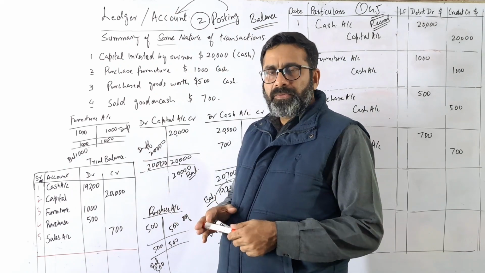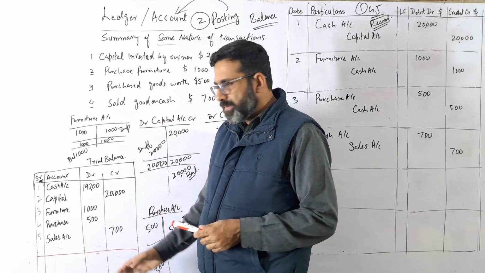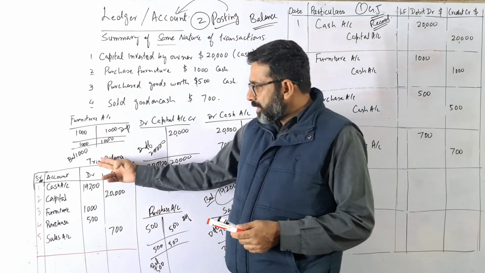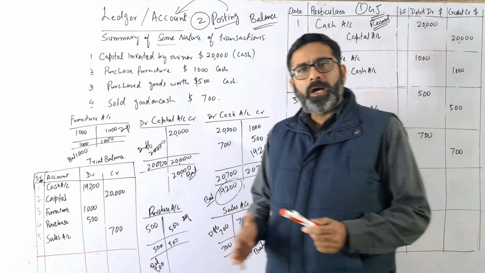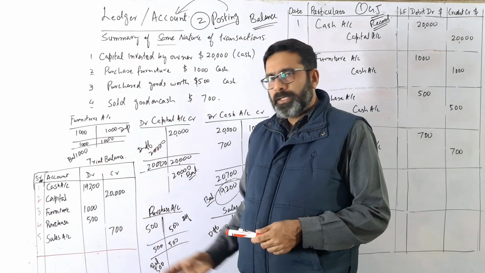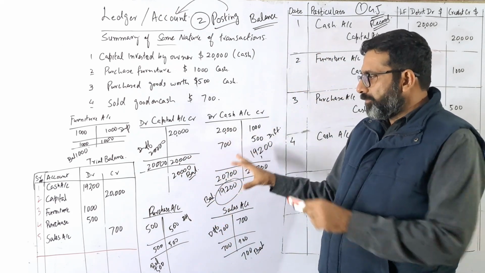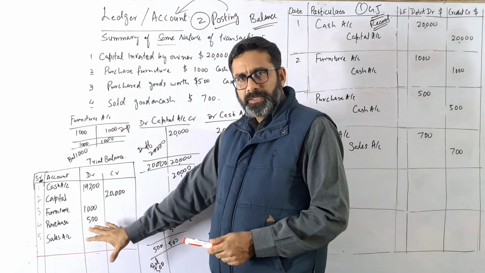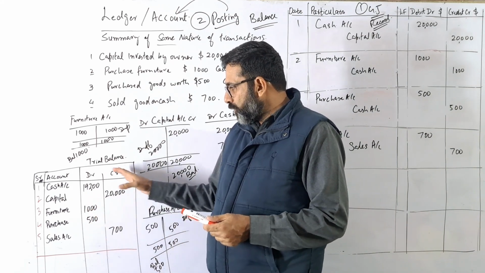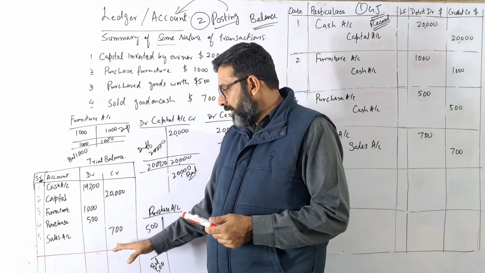Now the next thing from this trial balance, we have to see how much is the total of the debit and how much is the total of the credit. There are only 4 transactions. We have prepared 5 accounts, and from those 5 accounts we have balances. Now we have to see the total of the debit and the total of the credit.